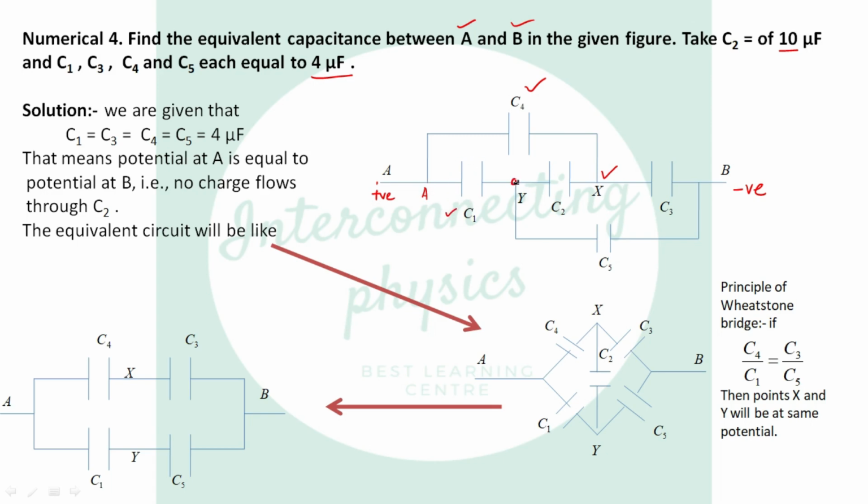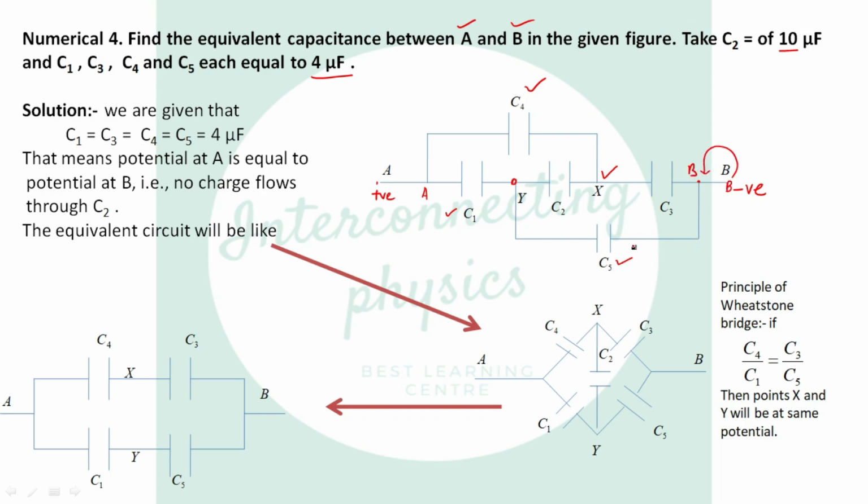Let us say this point is Y. Now from Y to this again a potential drop occurs because C5 is present. Let us say this point is B, then there is no potential drop, so point B will come here.